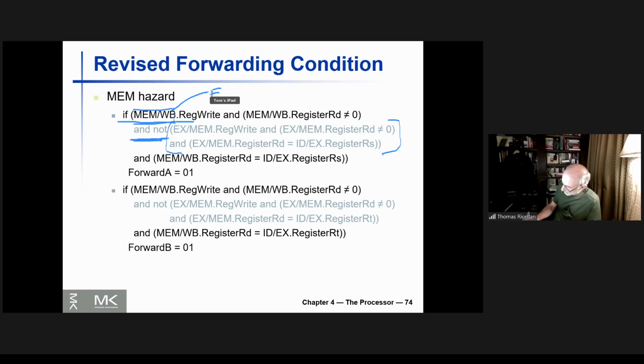The far instruction. So you're bypassing from 2 stages away. So don't do that if it says that you want to bypass from 1 stage away.